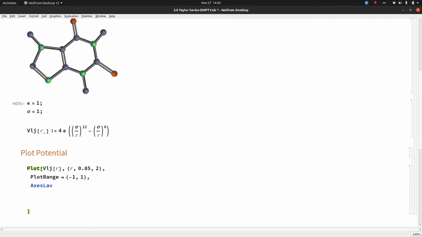And I'll put an axes label in. This will be the separation r. And then the next label will be the Leonard-Jones potential.